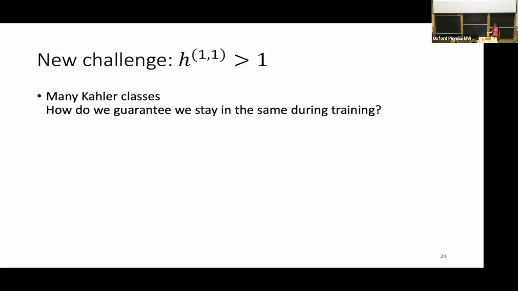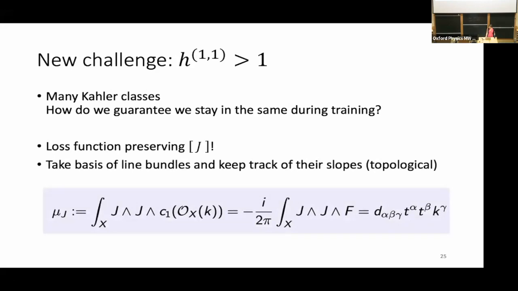You might find some other metric in some other Kähler class, but you lose control of what it is that you're actually doing. So you want a loss function preserving the class of J, the Kähler form. And there are different ways you can do that. James raised in his question the possibility of computing the integrals, so the volumes of various cycles in your manifold.